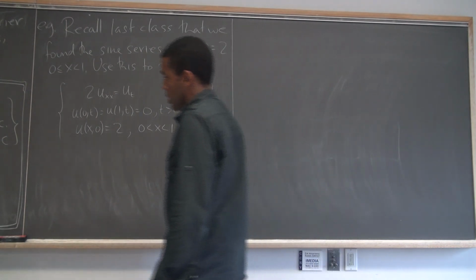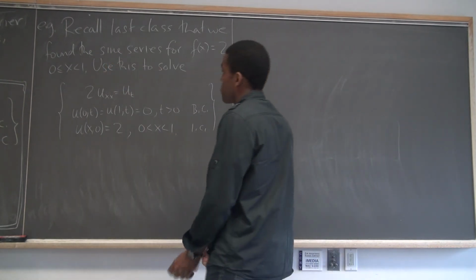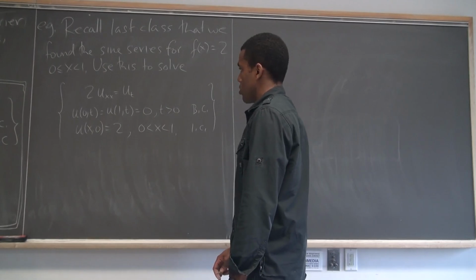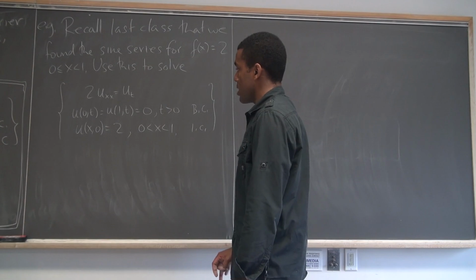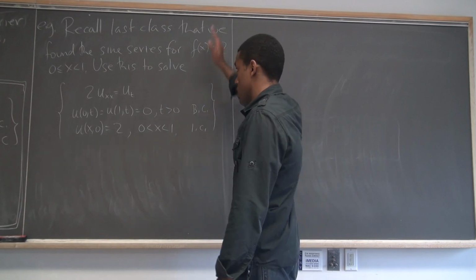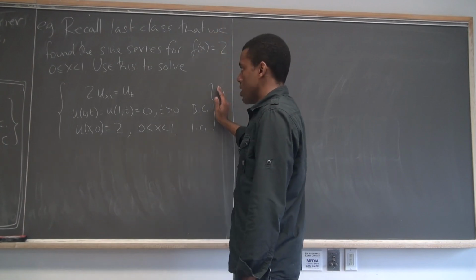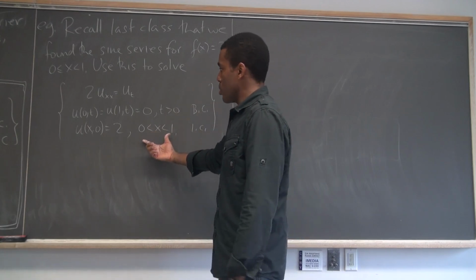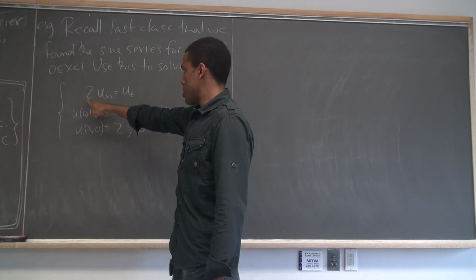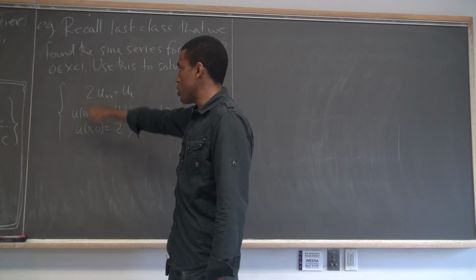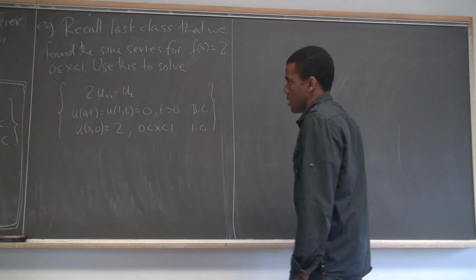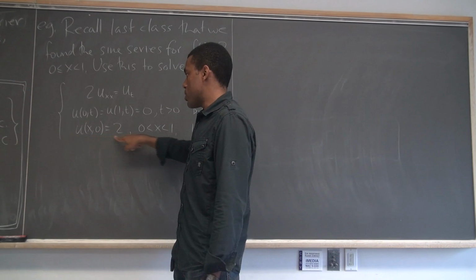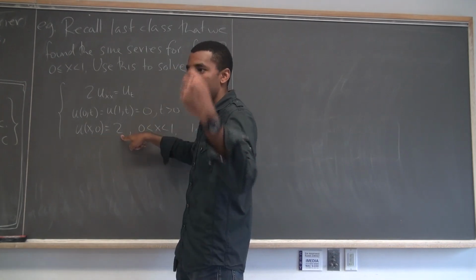So let's say this is a question. One thing you should appreciate is that this could be a question in its own right without using something we've done before. They can just tell you there's a bar of length 1 whose thermal diffusivity constant alpha squared is 2, and that the initial temperature distribution is 2 degrees Fahrenheit throughout the bar.